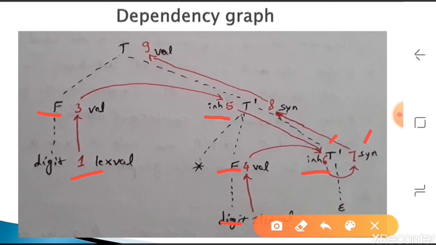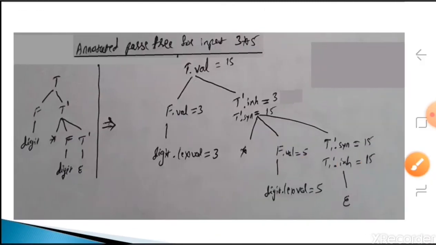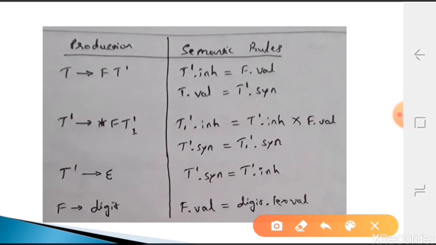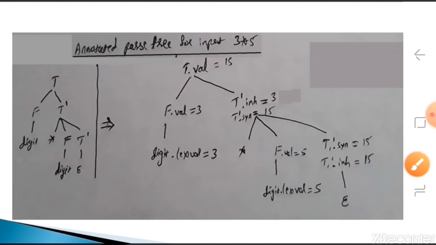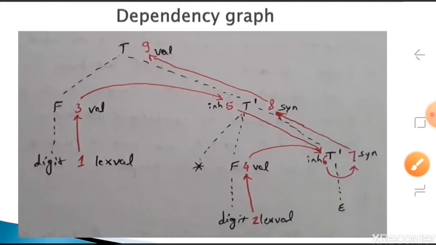That's why we have 6 to 7 arrows in this graph. Then this synthesize value will be passed to the t dash synthesize value, that is the 8th one. Then the t dash synthesize value will be given to the t val, that is the 9th one. Whatever we drew in red color is the dependency graph.